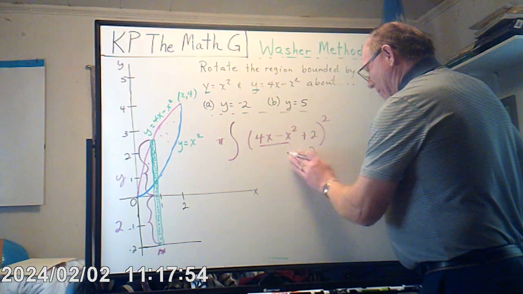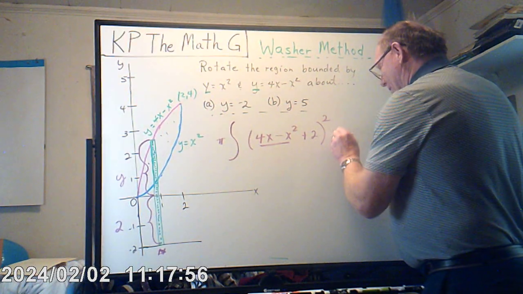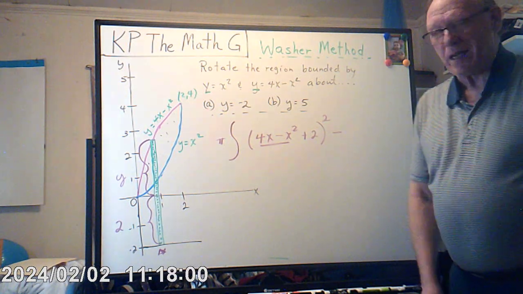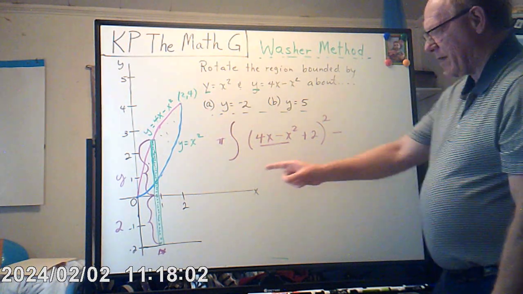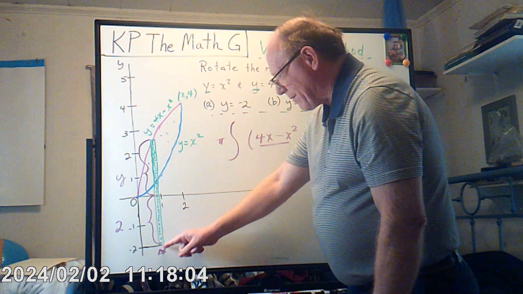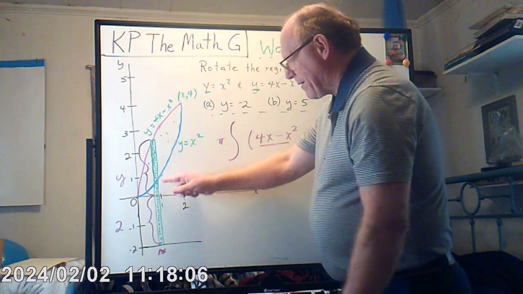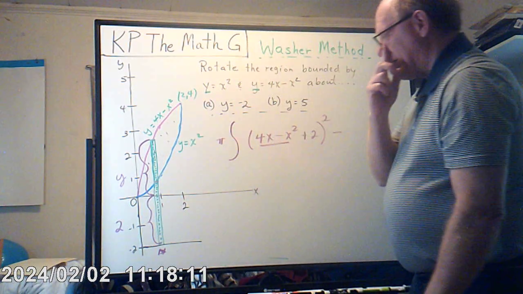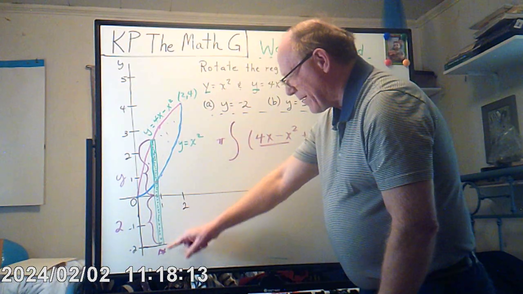Now, remember that in the washer method, we have to subtract off the hollow part, which is right here, down to right here. We got this hollow from here to here.